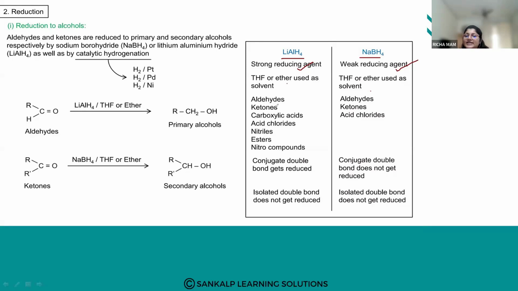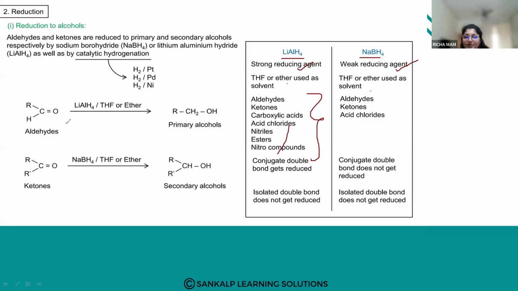Aldehydes, ketones, carboxylic acids, acid chlorides, nitriles, esters, nitro compounds: to reduce these compounds, we use lithium aluminum hydride. Sodium borohydride is used for aldehydes, ketones and acid chlorides.